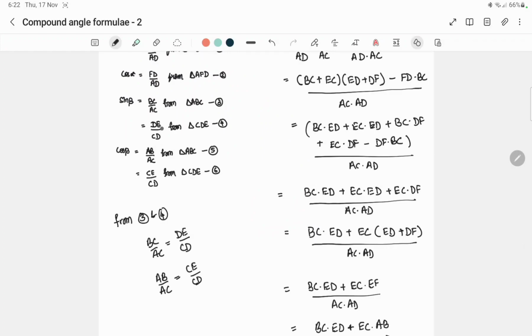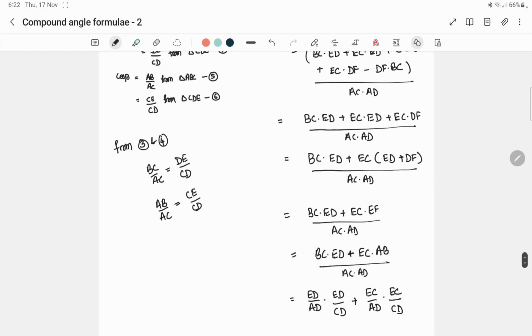See, what do we have here from equation 3 and equation 4? BC by AC is nothing but DE by CD, and AB by AC is nothing but CE by CD, and the odd terms here we have are ED, EC and AD, right? Because BC by AC and AB by AC, you can derive some meaning out of them. But what does ED and EC have to do with this?